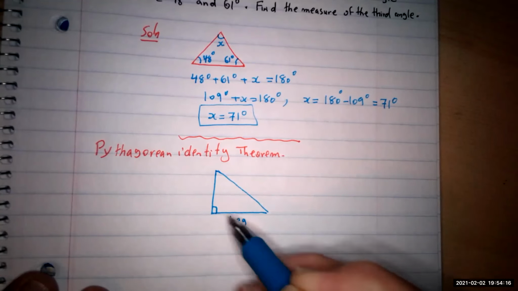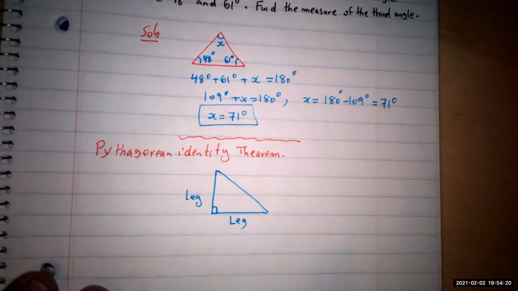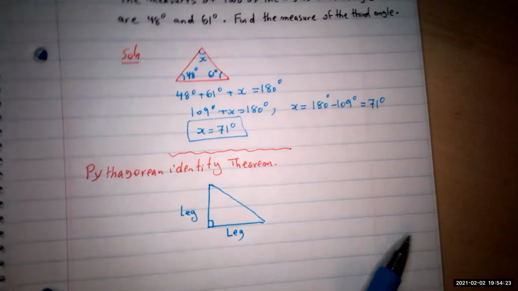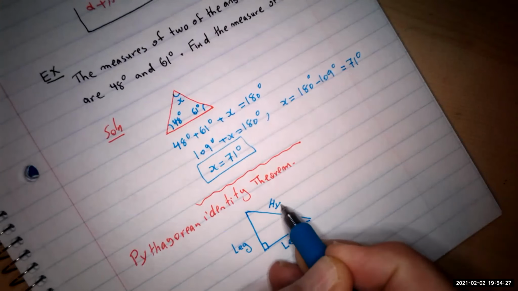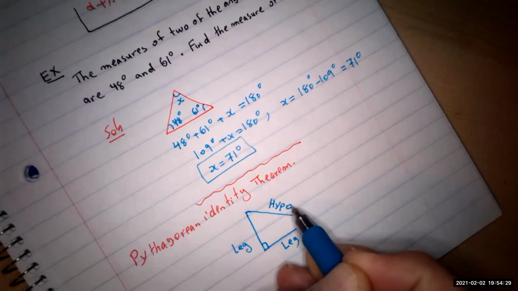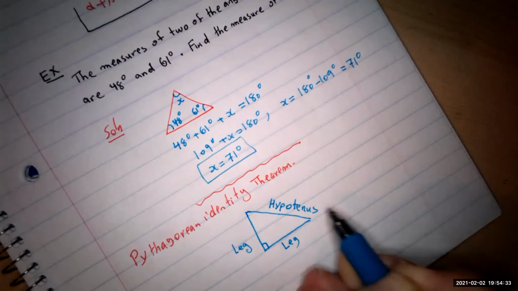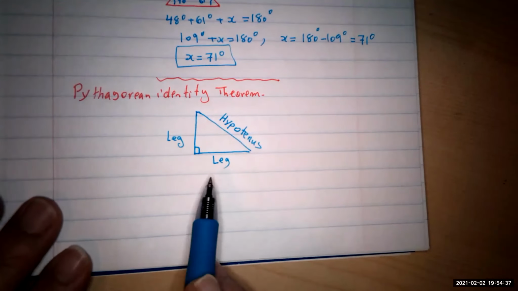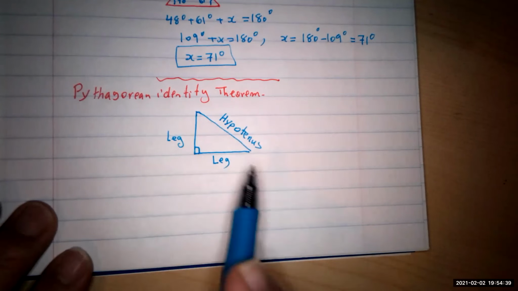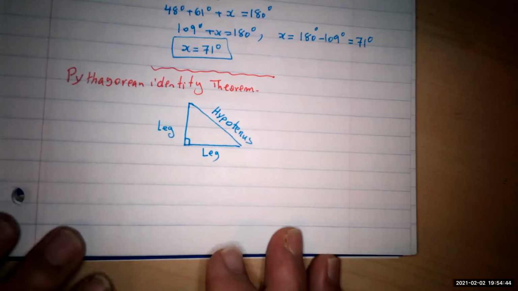So there's going to be a leg and this is a leg. And this one over here, we call it the famous hypotenuse. And this is going to be the right triangle that we are going to have.